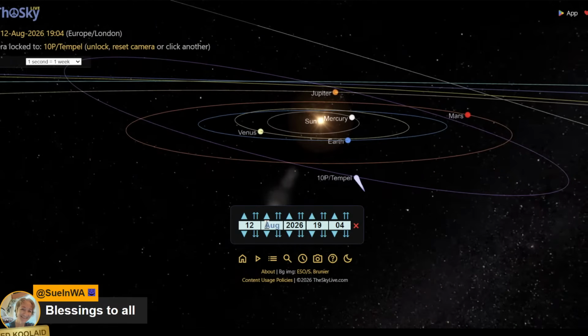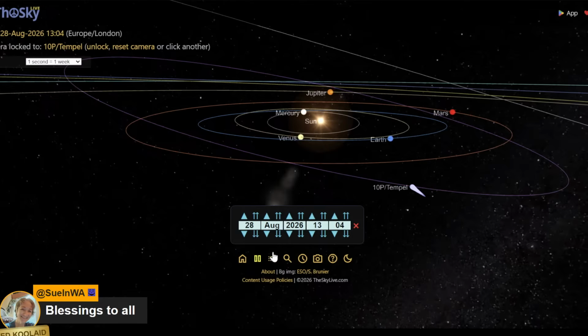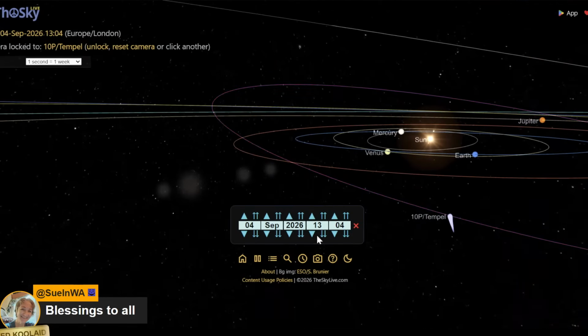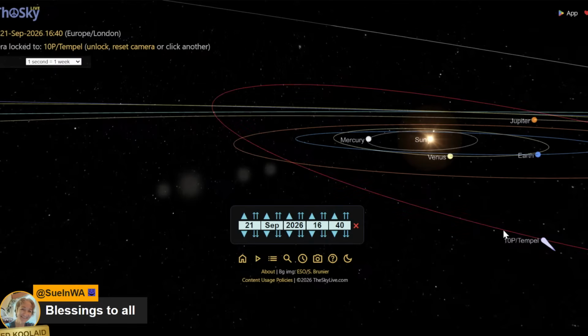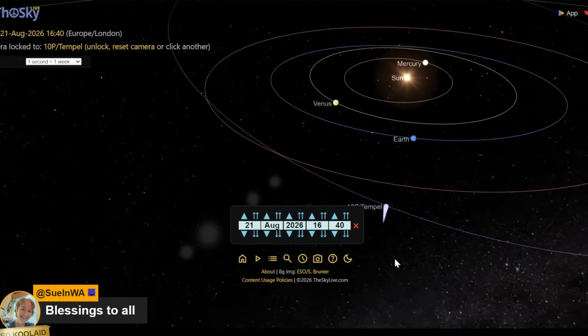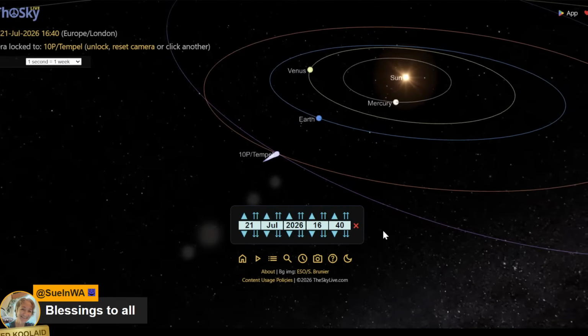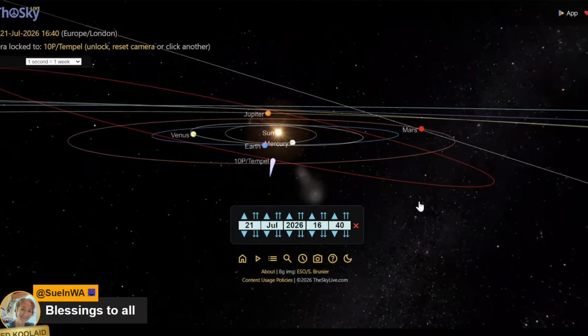And I would say, really check that out. It's really cool. But I like to play this out. Sometimes you can speed this up too if you needed to. And you can watch the date and where this thing is going to be. So you could pause it. I'm sure we could put it in reverse somehow. But yeah, I just thought that was really cool. Actually, if we just take that and go back to August, see that? See how quick that is to get it right back? Let's just get it back to July, right where we're at now.